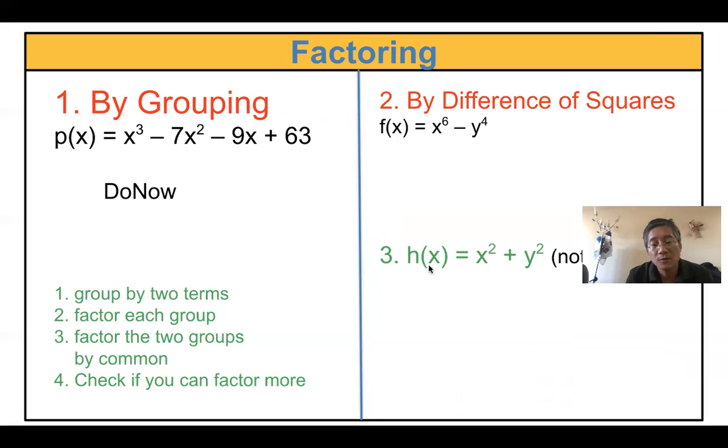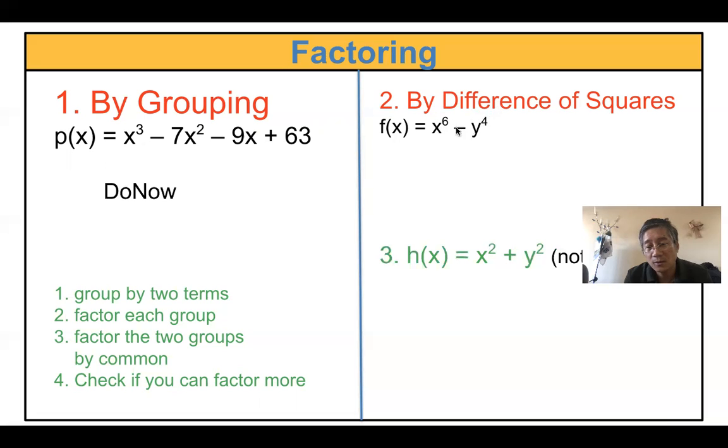And then we know the sum of squares, x squared plus y squared, is not factorable. But now this one, f of x, is x to the 6th power minus y to the 4th power. The title said by difference of the squares.